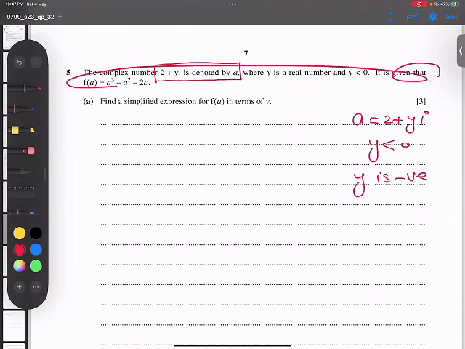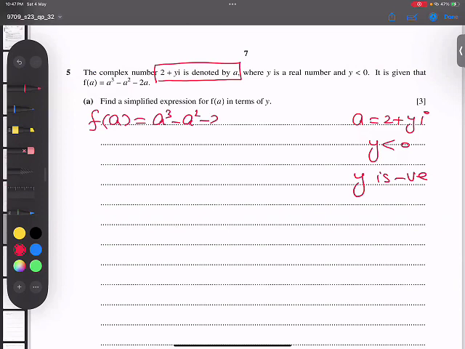It is given this condition. So first of all, I will copy. Now find the simplest form of f of A in terms of y. It means I have to plug in terms of y. So when I replace everywhere, on the left hand side I can leave it as A, no problem, but on the right hand side I am bound to put the value.